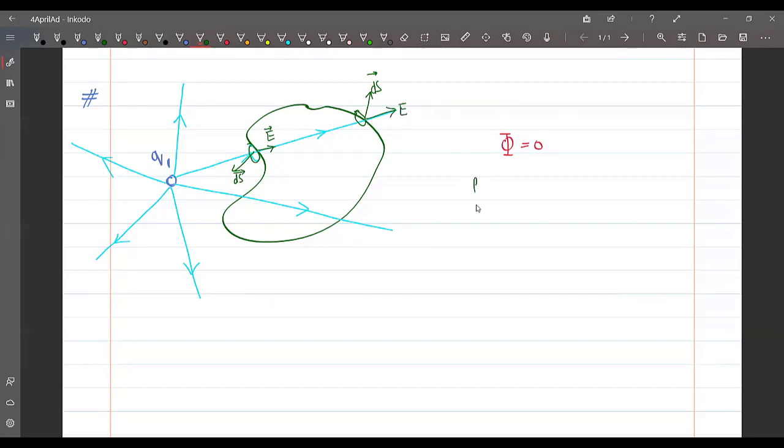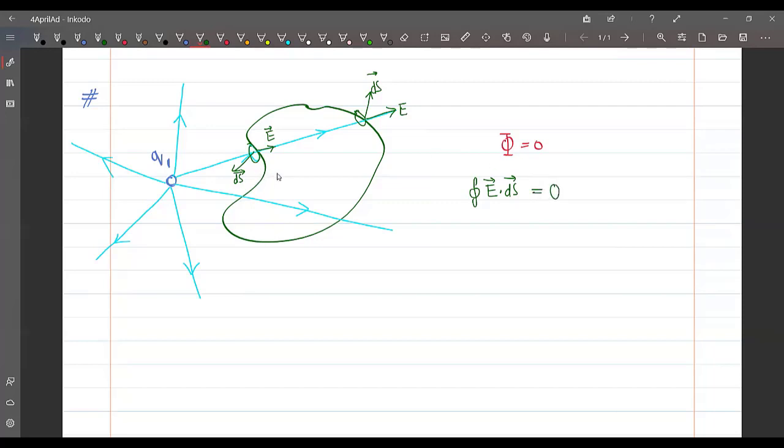So you can see if I do summation of E dot ds, at one point the flux is entering and at another point the flux is exiting. So flux is like a flow, the electric field is flowing from the positive charge to the outward direction. In that sense, the summation of E dot ds, you can see here it is 0.